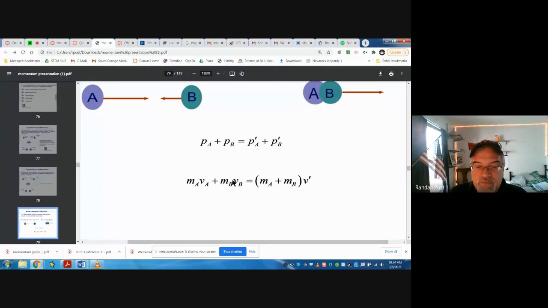So after the collision, we can just use this single mass and this single velocity. And it's going to be equal to the sum of the two momentums before the collision. This comes in handy when I want to know how fast the combined lump here, AB, is going to be moving after they collide.